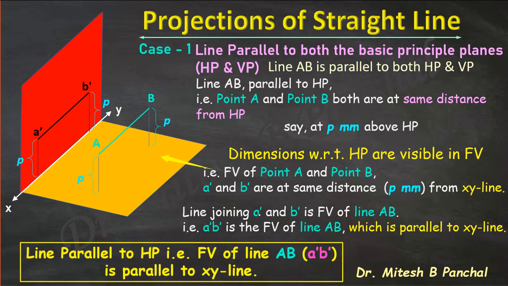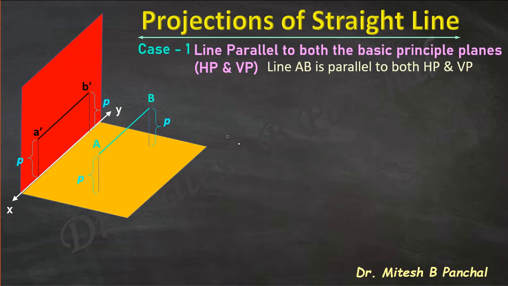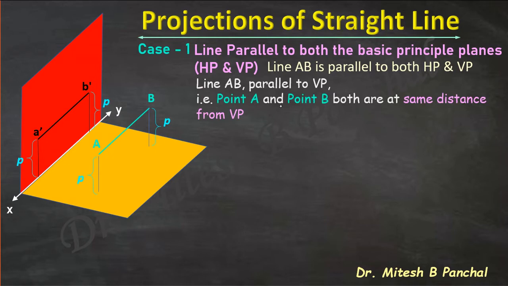Okay. Now we consider the second part of the problem, and second part is that line AB is parallel to VP. Now we will consider line AB parallel to VP.